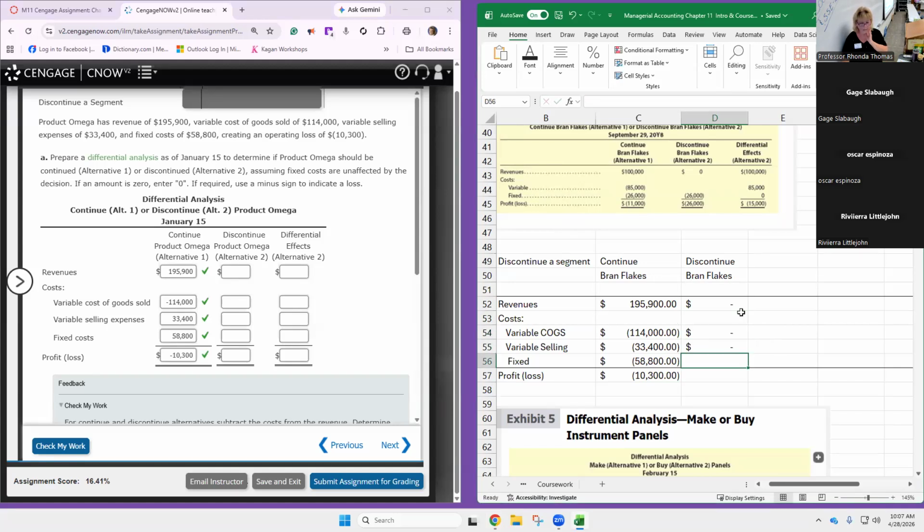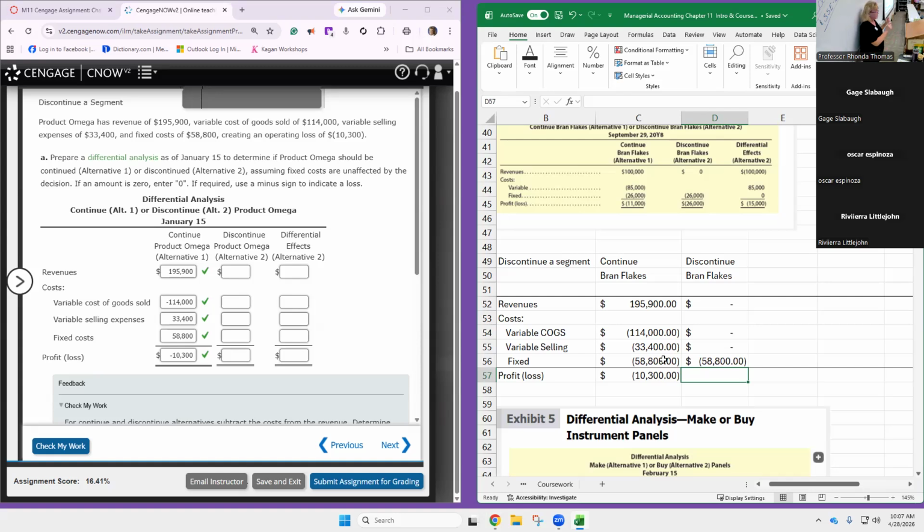There's no selling, but what still remains? Fixed. Okay, fixed still remains. So let's put a negative here to represent that those fixed costs still go on, even if we discontinue the bran flakes.